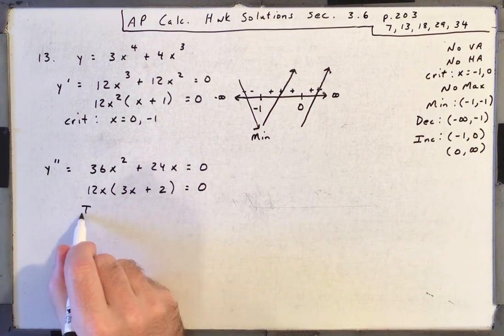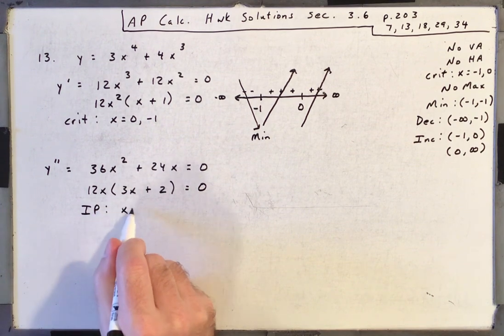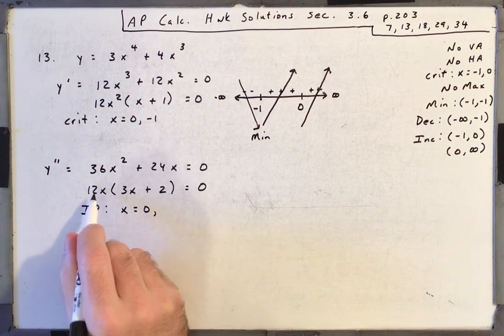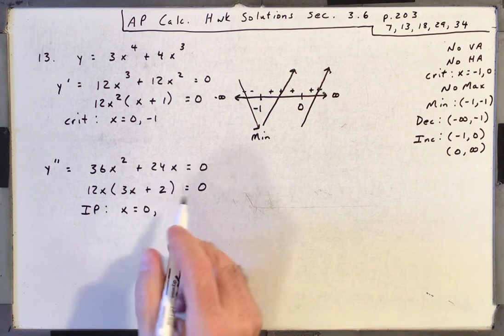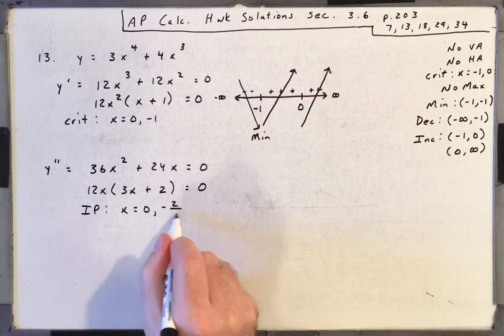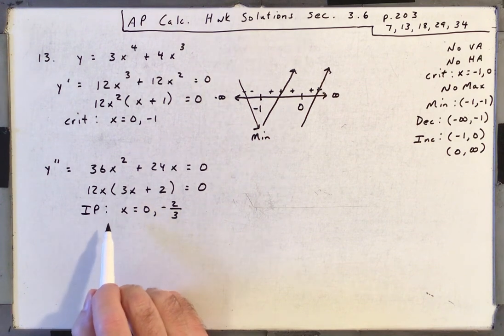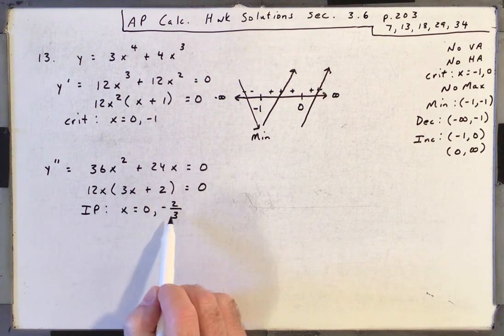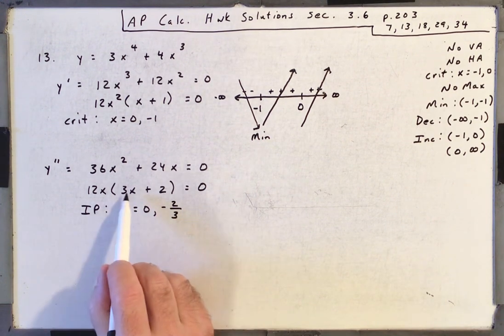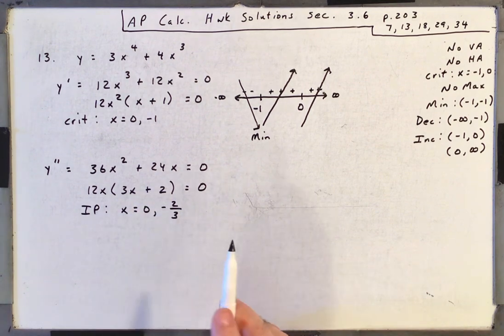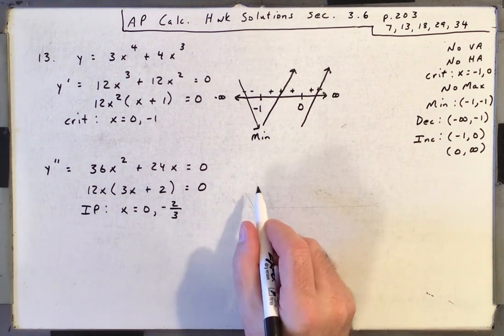So I have an inflection point at x equals 0 for that one. And then negative 2/3 also, because 3 times negative 2/3 would be negative 2, right? All right, so if you have a hard time doing that just by eyeballing it, set this parenthesis equal to 0 and just do the algebra and solve.